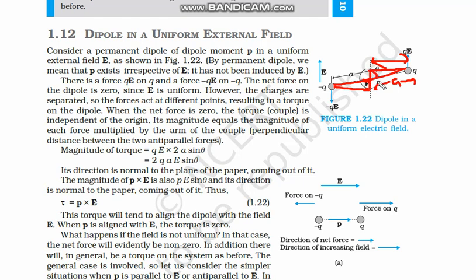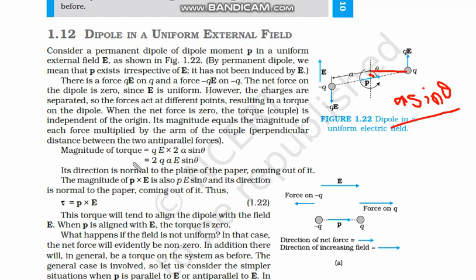Since this angle is theta, this distance is for cos and this is for sine. For the torque, this one is simply A sine theta, because this is perpendicular to the angle, hence we have to take the sine component. So this distance is A sine theta.